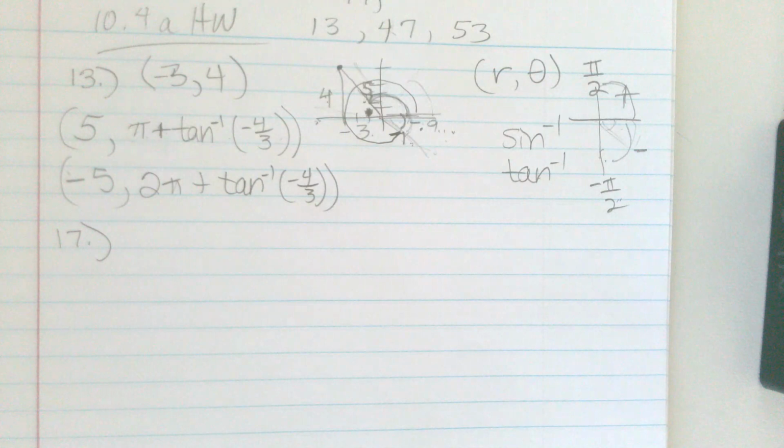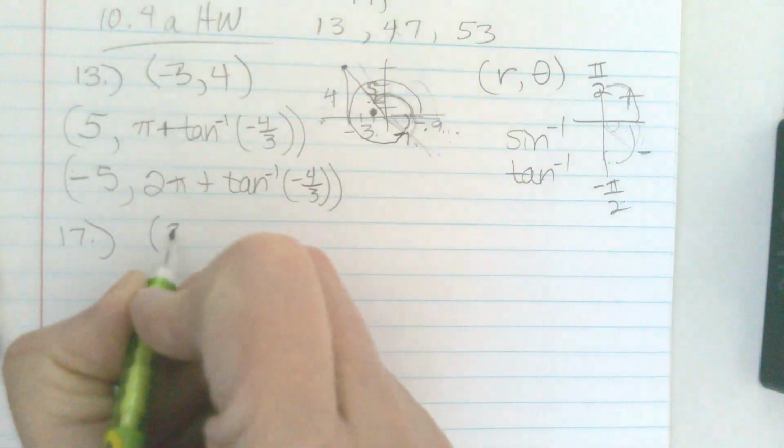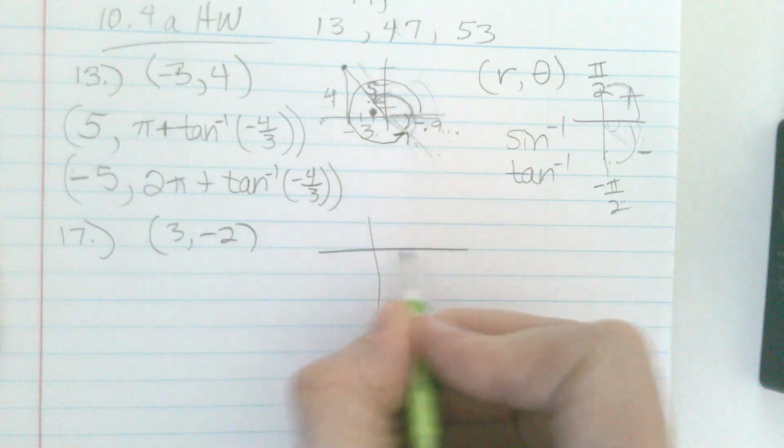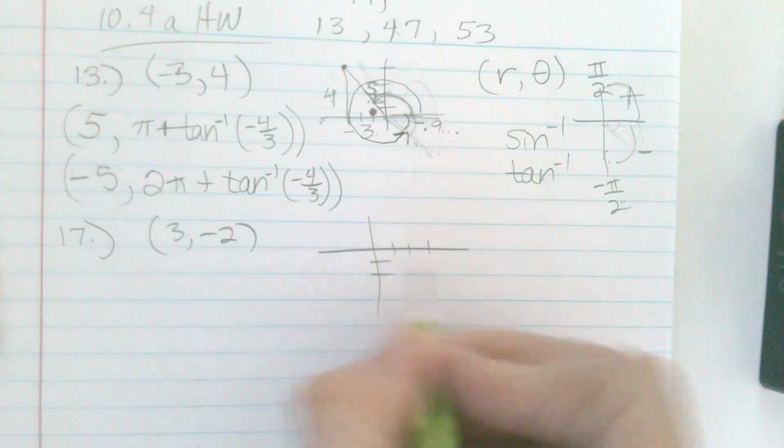Number 17 was one where it says use the angle feature to give one set of polar coordinates. 3, negative 2: 1, 2, 3, down 2.